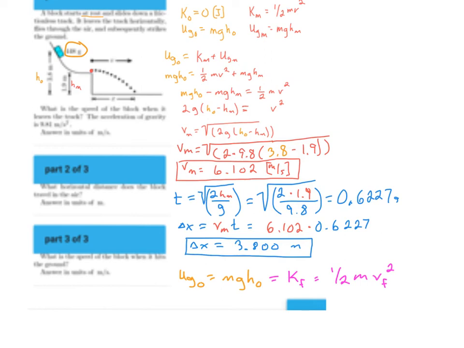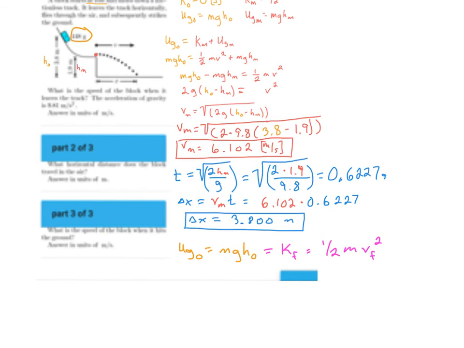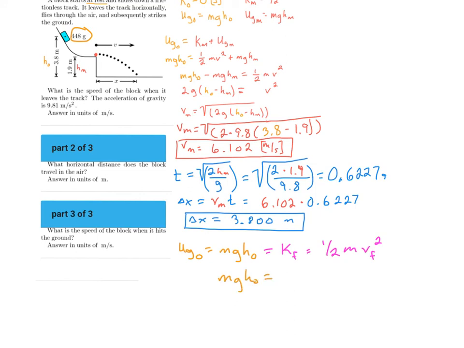So my 2 energies are equal. I can set my 2 equations equal to each other. Mass is going to cancel out and simplify. So I'm going to get mgh0 is equal to 1/2 mv squared, and my masses will reduce out.